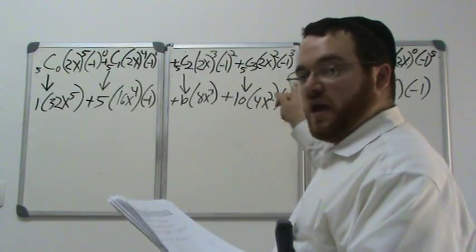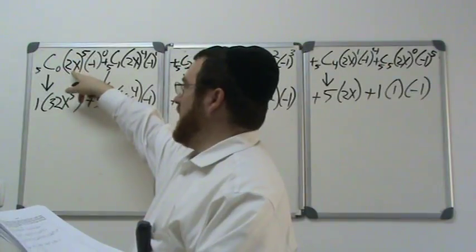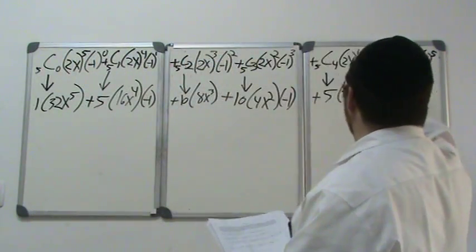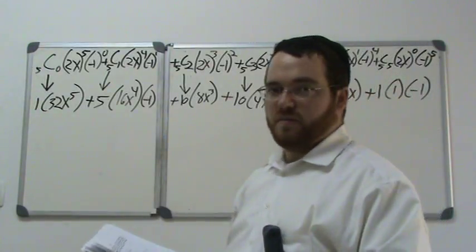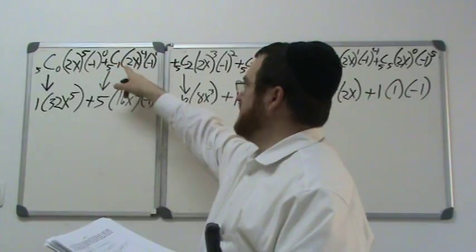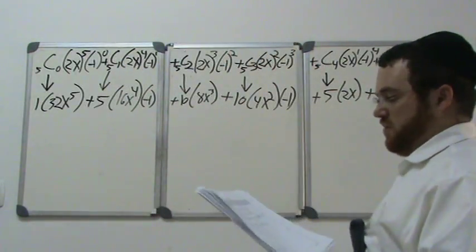As you move down, the 2x will move from the 5th power to the 4th power, to the 3rd, 2nd, 1st, till you hit the 0 power. And at that point, the negative 1 will move from the 0 power to the 1st, 2nd, 3rd, 4th, and finally the 5th power.